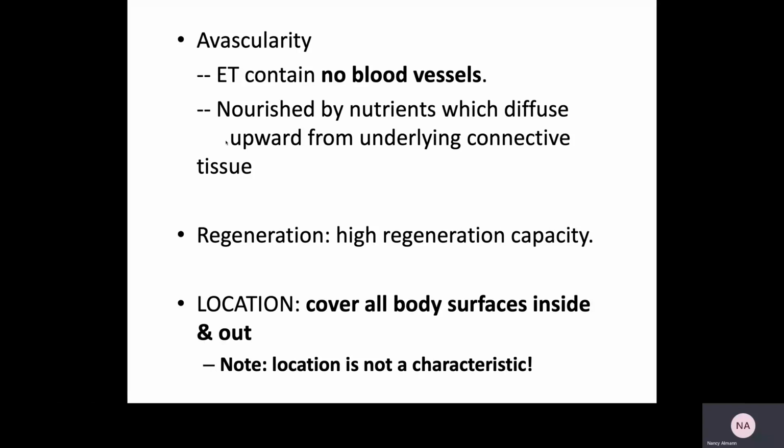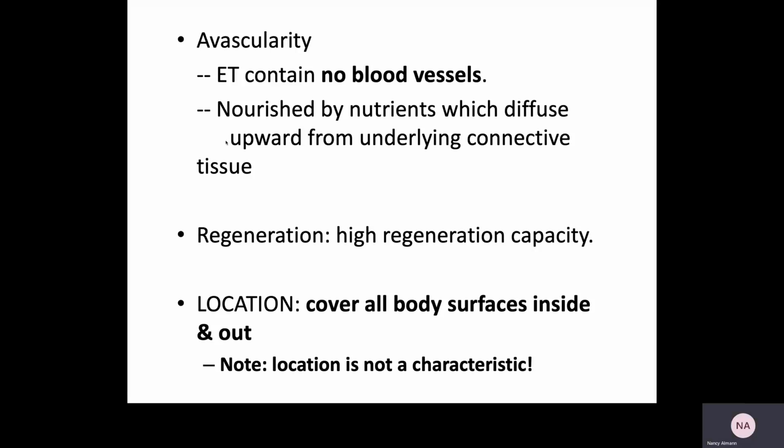In addition, epithelial tissue is avascular. Epithelial tissue contains no blood vessels, and that means that everything that gets into those cells has to move through the cell by diffusion. There is no direct blood supply.